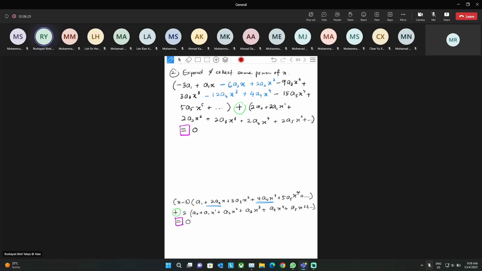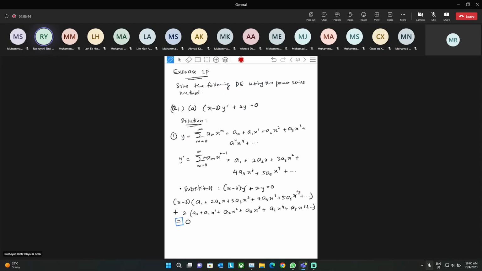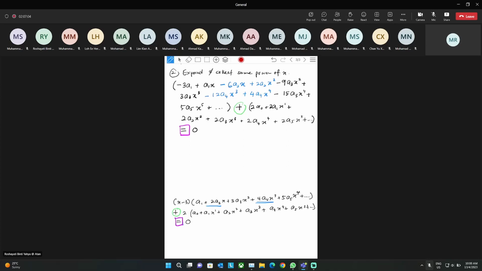Any more mistakes? So we go for equating coefficient. Wait. I want to highlight with the blue part. This one and okay. So plus. Is there any? This is pink color. Okay. So we go to the next step, equating coefficient.